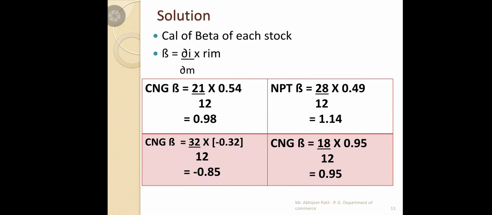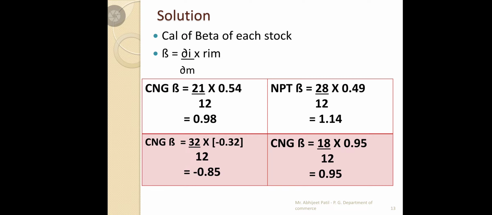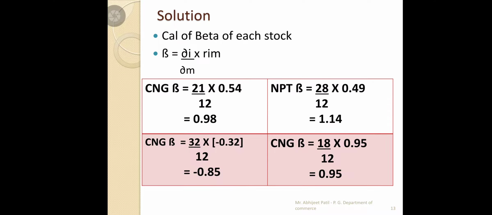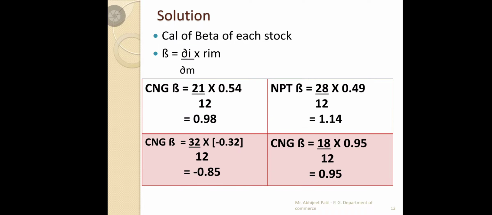Make a correction here, 0.56, we get 0.98. In the same way, for NPT, 28 divided by 12 into 0.49, we get 1.14.